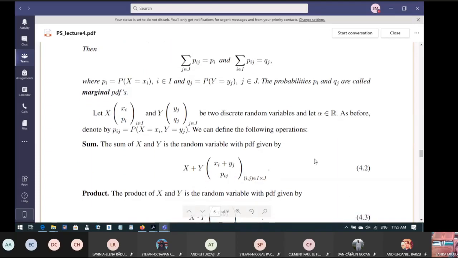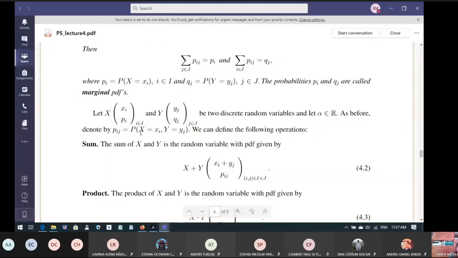Vectors are mostly important because they allow us to define operations. And operations with discrete random variables are really very easy to grasp, to understand. They're not so much so in the continuous case, but for discrete, they're quite straightforward. So let's say we have two discrete random variables. Their PDFs are given here.